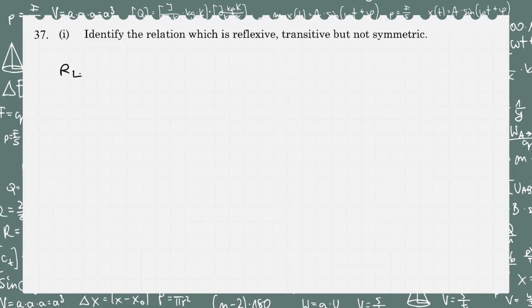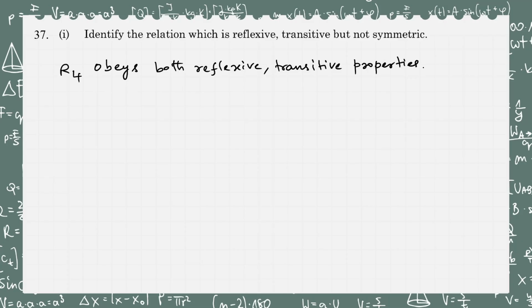So R4 obeys both reflexive and transitive properties. So we have to tell how it is obeyed.